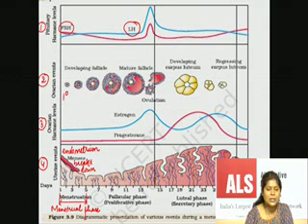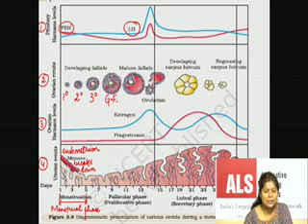This FSH is going to bring about changes in the primary follicle, where the primary follicle starts to convert into secondary, tertiary, Graafian follicle, and finally the Graafian follicle gets into a phase of ovulation where it releases the secondary oocyte.